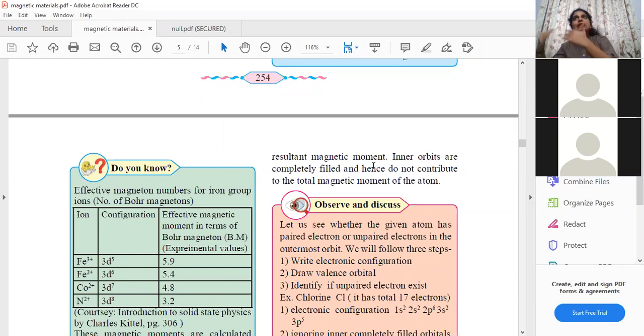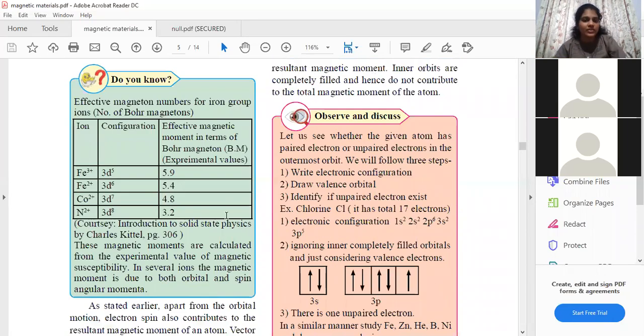So if the magnetic dipole moment is 0, we cannot call that material a magnetic material. As simple as that. So what is the conclusion of everything? The conclusion is that there should be unpaired valence electrons. If there are unpaired valence electrons, then the total magnetic moment will have some value. If there is no unpairing, then the total magnetic moment will be 0. Okay, fine. So that is this point.